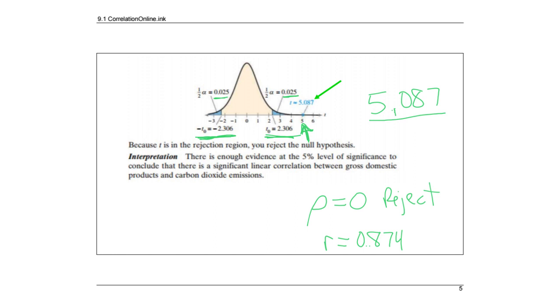So if we reject that, then we have enough evidence at a 5% significance level to conclude that there is actually a strong linear correlation between the two. And we were pretty sure of that because we saw that R was about 87%, so we knew we had a pretty strong correlation, but this just shows us more.